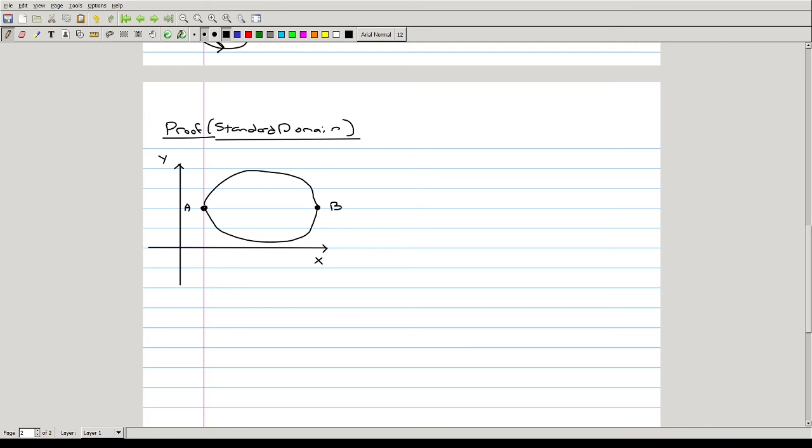So a standard domain looks like this. It's any domain for which when we draw a line through the domain, we get exactly 2 points of the domain. If I draw a straight line through the domain in either direction, I get exactly 2 intersection points, a top and a bottom.